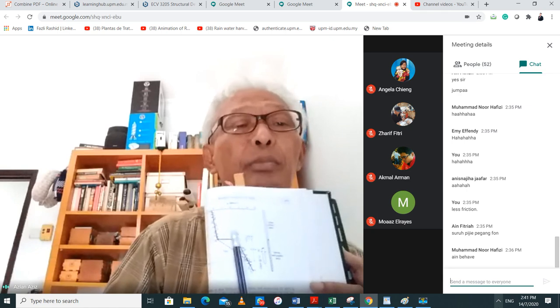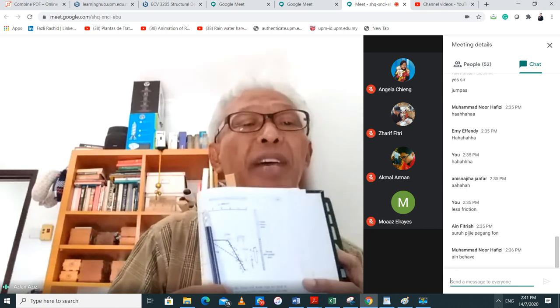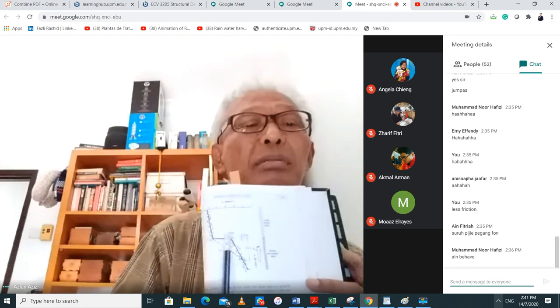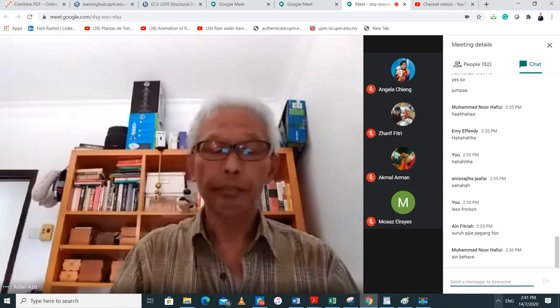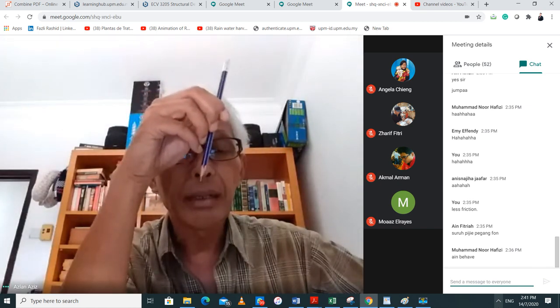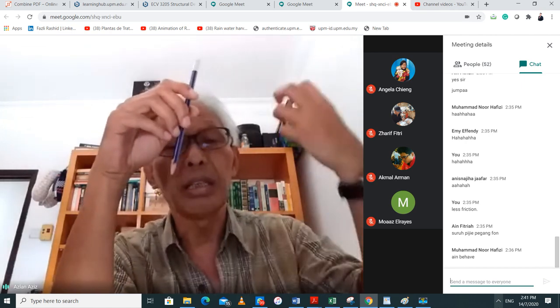Then the same with the dense sand, the one in the bottom. In between the loose sand and the dense sand, there is this transition zone whereby the loose sand changes over to the final value of the dense sand.